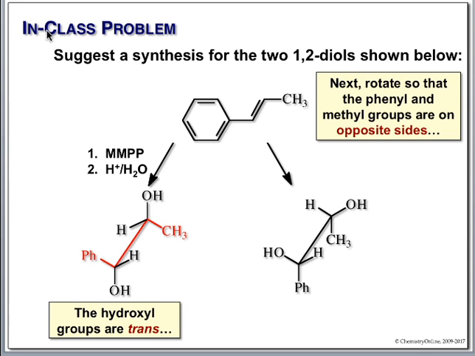Now to make this easier to see, I'm going to rotate this guy so it looks like this. So phenyl and methyl, same positions. Okay? That makes it easy, right? So I have to rotate the phenyl up this way, puts the hydroxyl up here, hydrogen down.